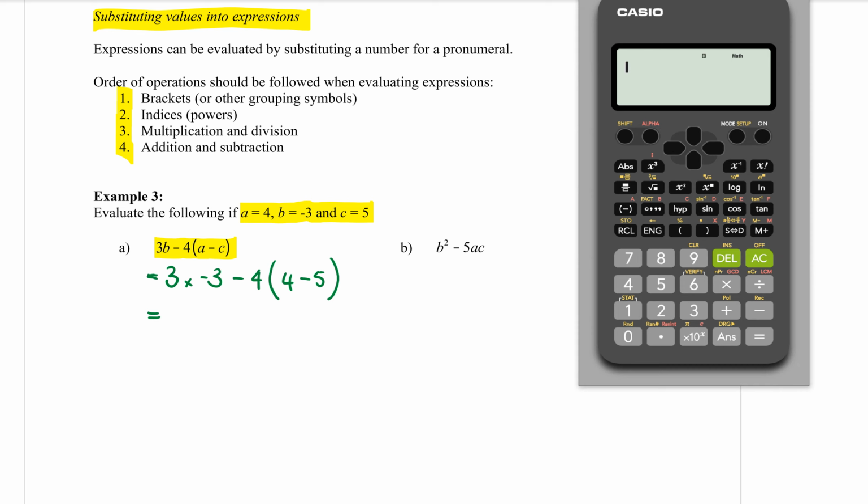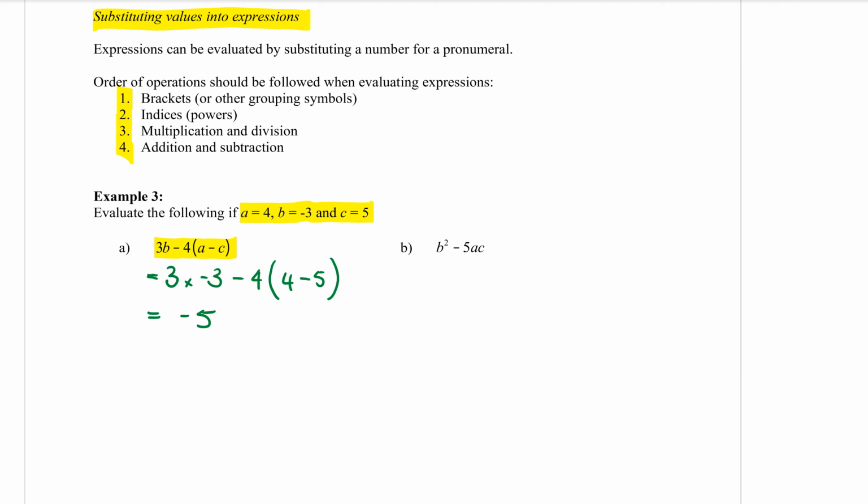So get writing. 3 times -3 minus 4, I think you'll need a times sign before that bracket. 7 minus 5, close bracket, equals. Did everyone get -5? Yeah, you got -5? Excellent. Okay, so I want to see substitution line, and then I want to see the answer that you get from your calculator after that.